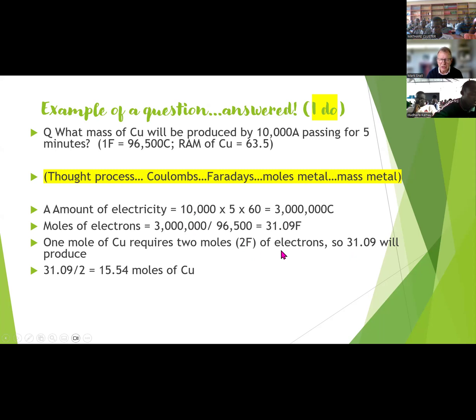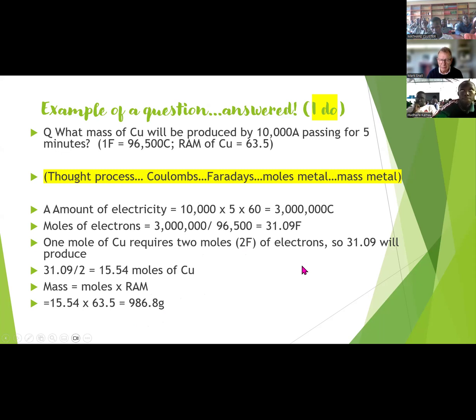Half as many moles. 2 moles of electrons, 1 mole of copper. 31.09, 15.54 moles of copper. What does that weigh? Mass, that's moles times RAM, times 63.5, virtually a kilogram.